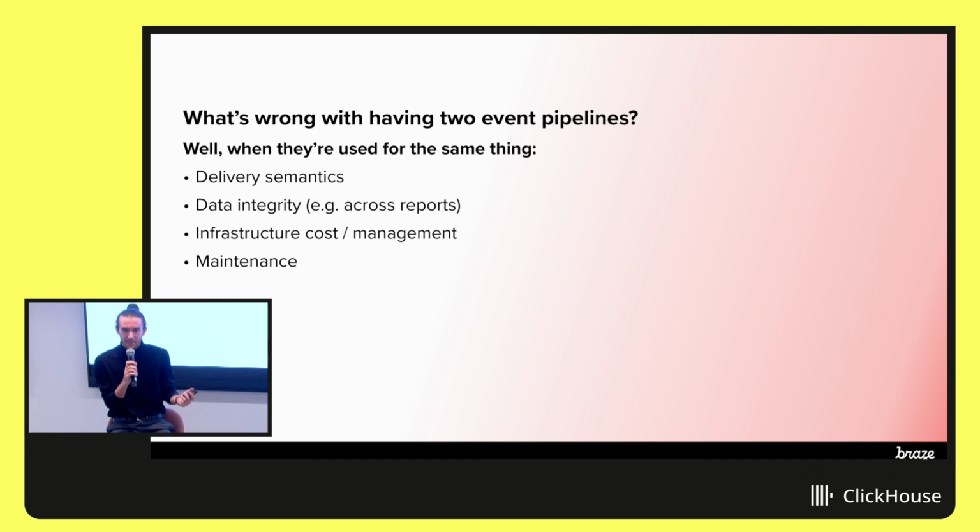Delivery semantics is an interesting one. With Kafka, you can define, for example, exactly once delivery or at least once delivery. With our bespoke MongoDB flusher class, we have to try to re-implement any sort of delivery semantics if we want them to match up with Kafka, which is another system to maintain. That leads to issues with data integrity across reports.